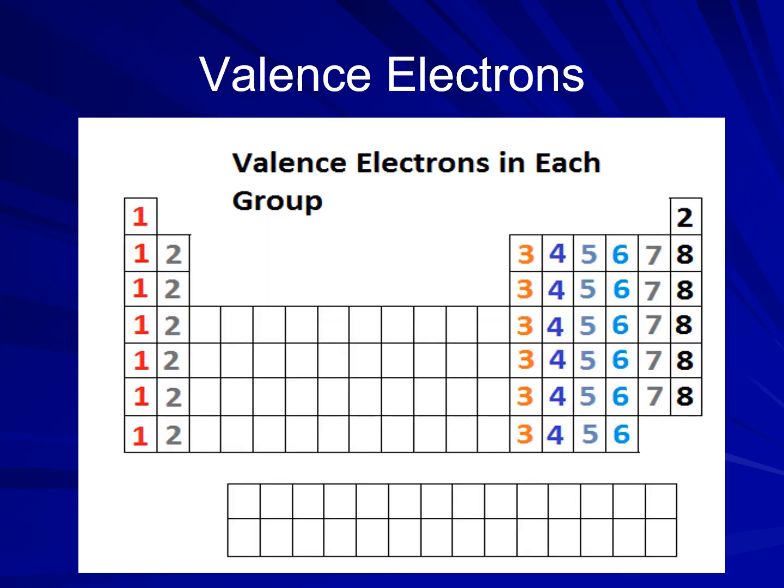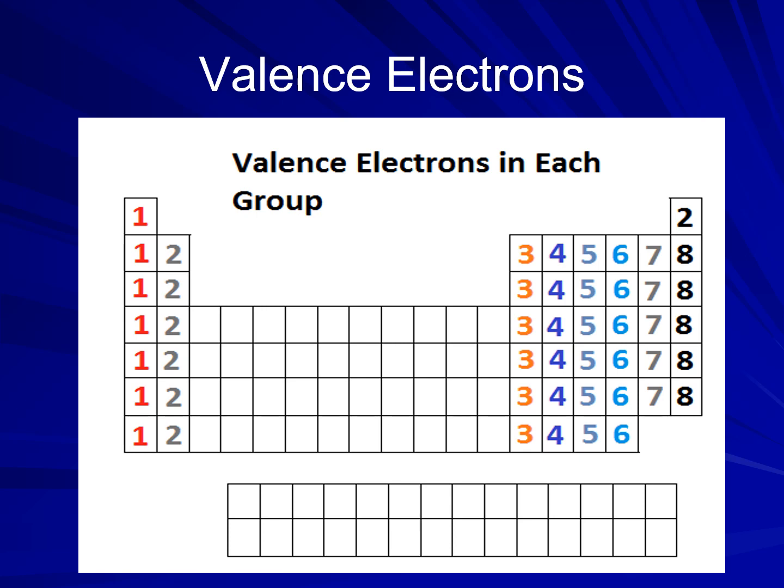Here's a look at how we determine the number of valence electrons for each element. Every element in that first column has 1 valence electron. Everything in group 2 has 2. Notice we're going to skip over the transition metals.